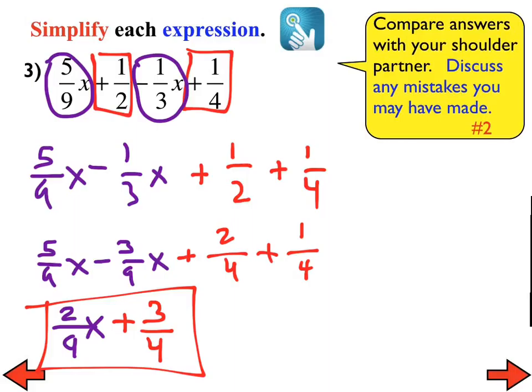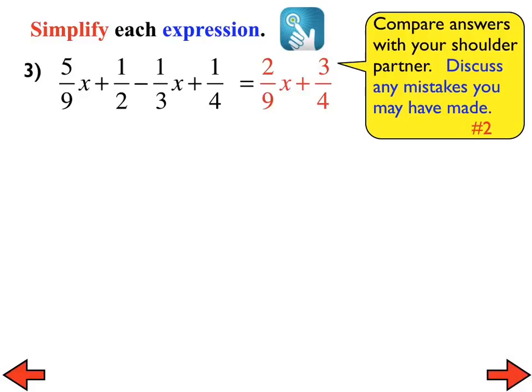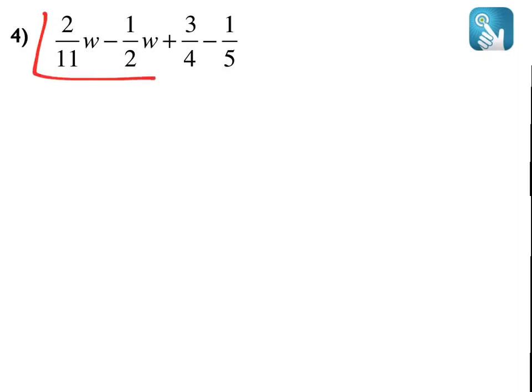All right. Let's move on to number 4. This one, conveniently, I already have the like terms right next to each other. So I'm combining these two and these constants. Again, think of it as 2 separate problems that you're doing and then putting them next to each other at the end.